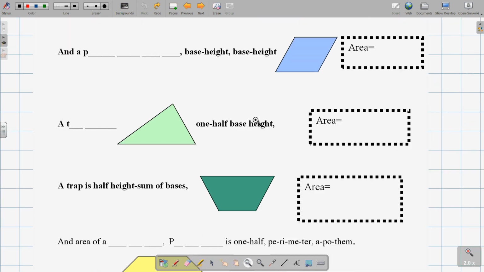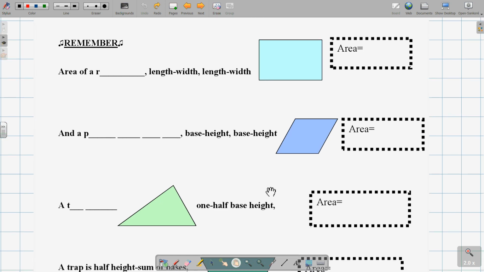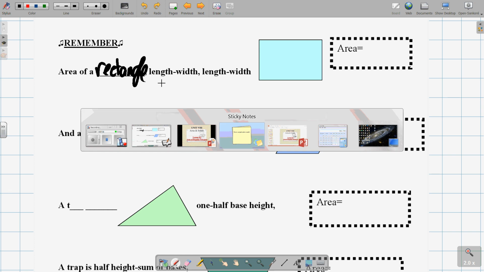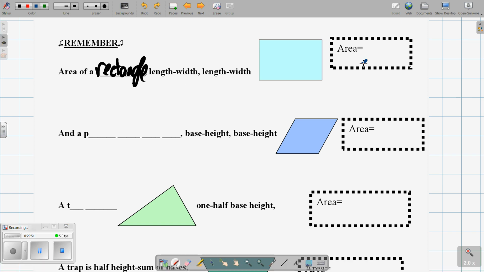There's a lot of equations that you have to have memorized, folks. So I have something new that's going to help you memorize them. First, let's fill out the blank. Area of a rectangle, length times width.